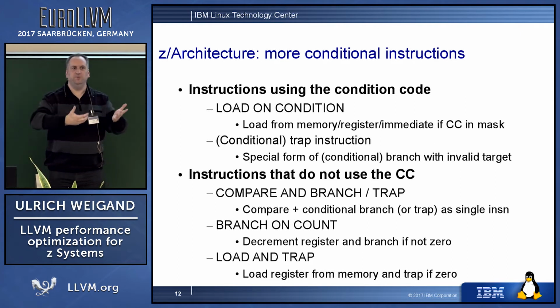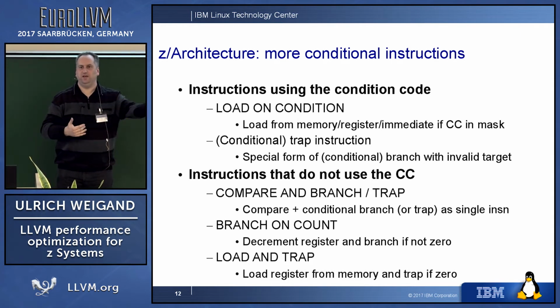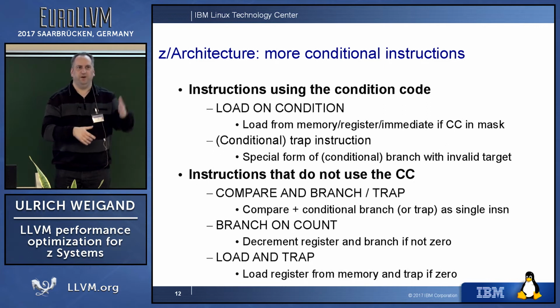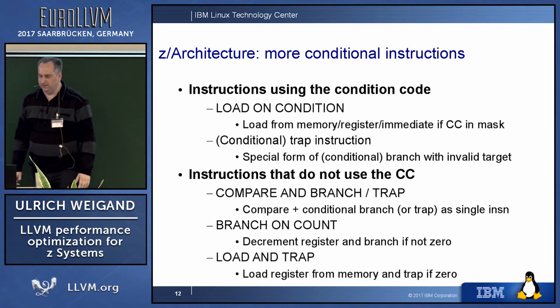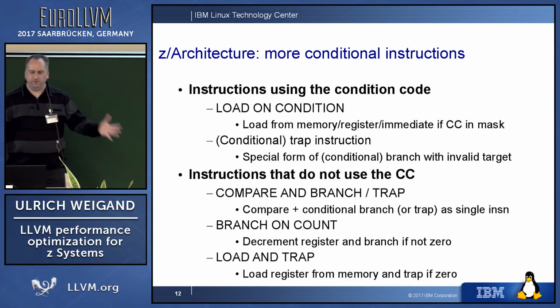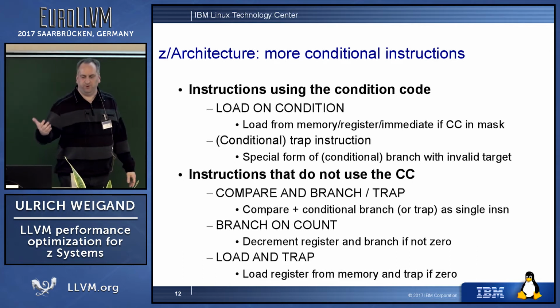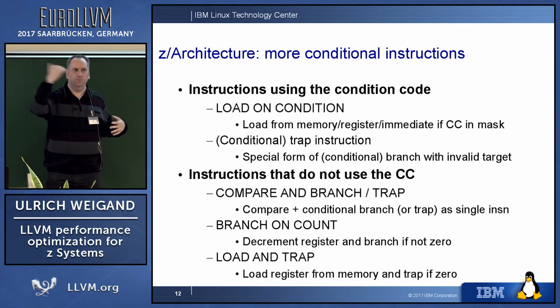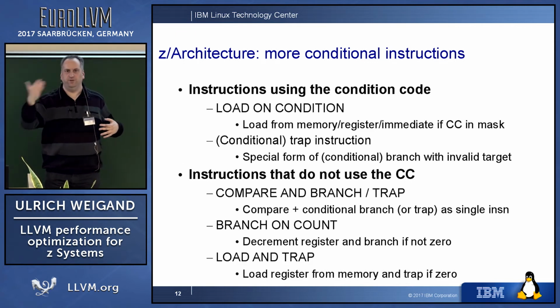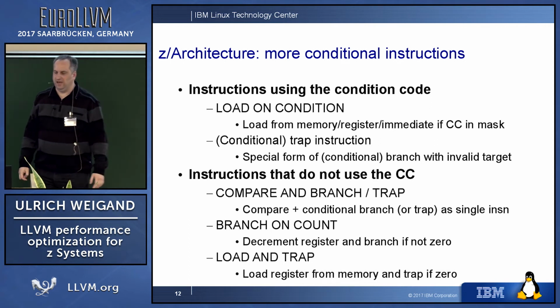And that way you can do like a branch if less or equal, tests for, if I had a compare, tests for if I had now condition code 1 or 0, right? Apart from the branches, the same thing works also for a load on condition, which sort of is a conditional move from register to register or from memory to register or vice versa, if the condition was set.